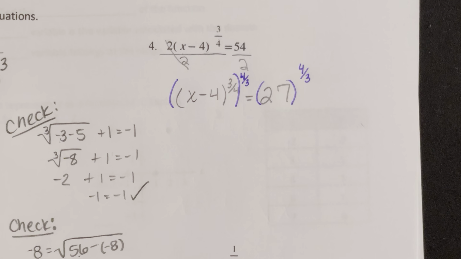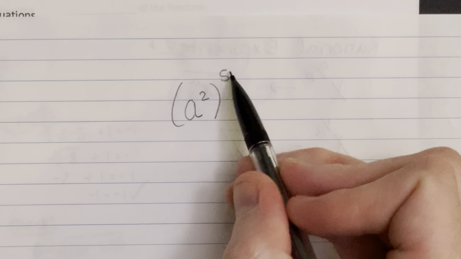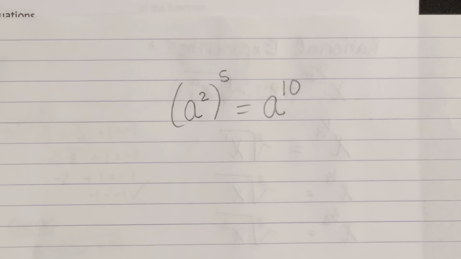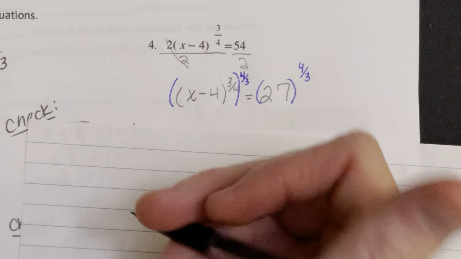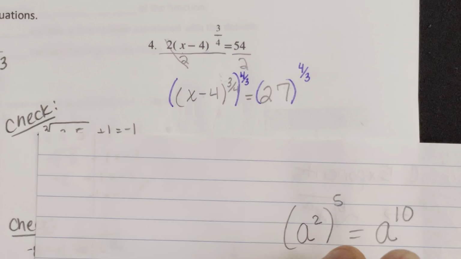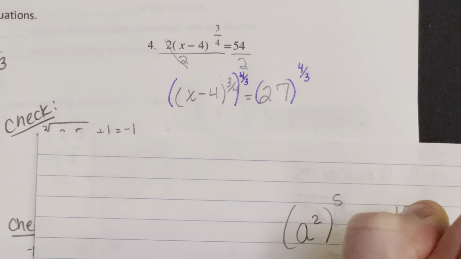This works because of that power to a power property of exponents. So when you had something like a squared to the 5th power, with a power to a power, you're multiplying those exponents, which makes that a to the 10th. Here we're multiplying, let me just write it underneath. We have x minus 4 to the 3/4, and it's being raised to the 4/3.